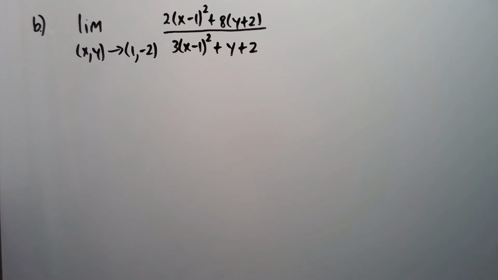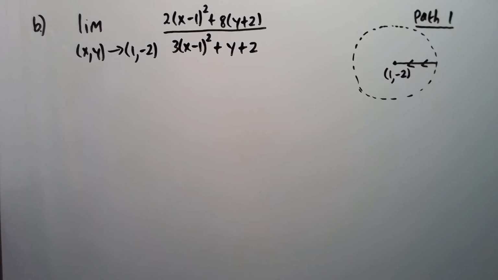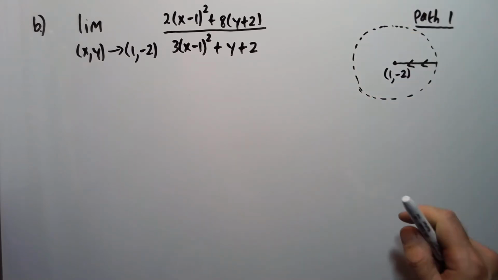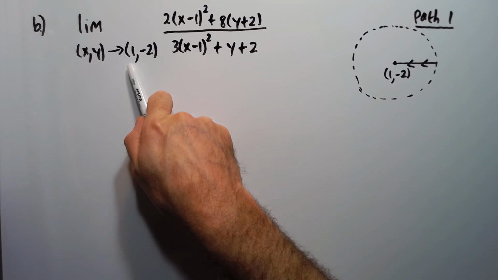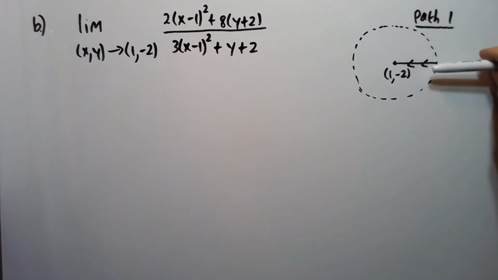I'm going to first come along a path that's parallel to the x-axis. Let me draw it here. So here's my first path. The center now is not (0, 0) this time, it's going to be (1, -2). So we're coming in along here.